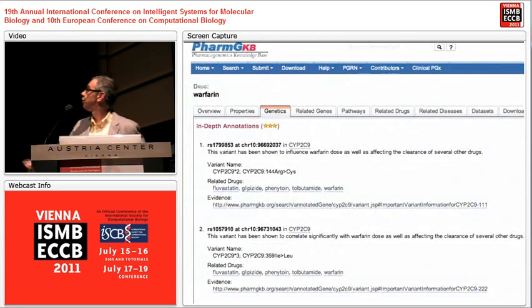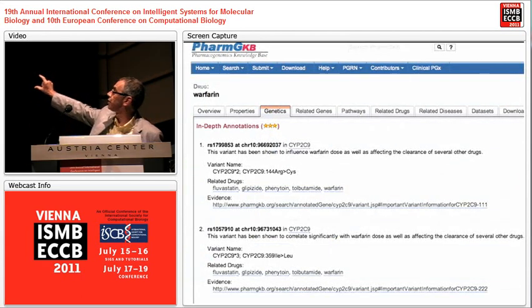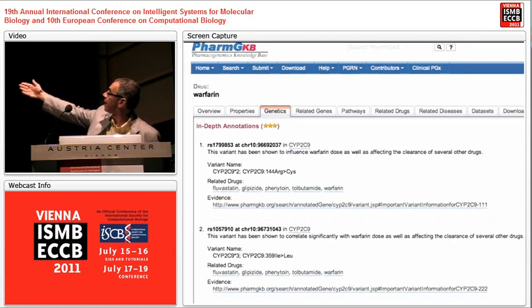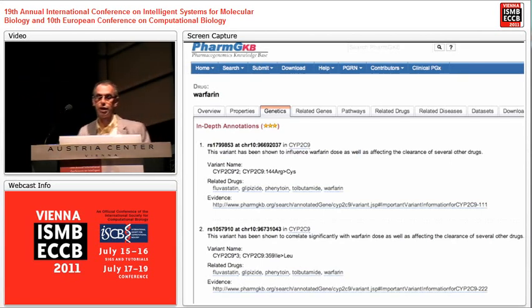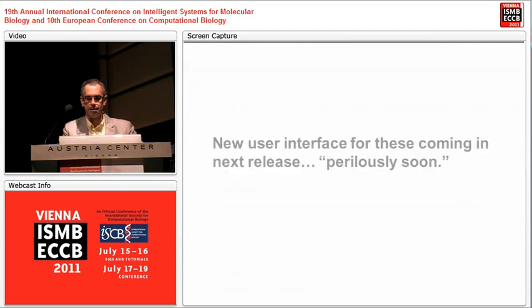And so what you will get here are these little snippets where the curators have said this is a SNP from dbSNP code. It's on chromosome 10, and in this case it says the variant has been shown to influence warfarin dose and several other drugs, and then there's some controlled vocabulary to allow searching and automatic analysis.